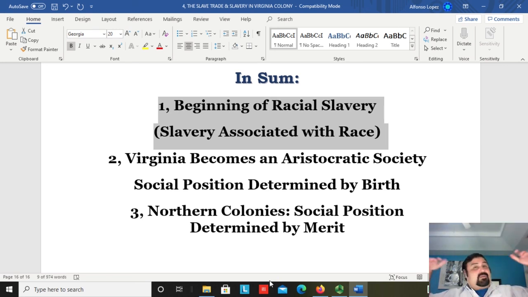Every society, every group, every civilization practiced it, but it was never really practiced because the people that were enslaved belonged to a specific race. It was never really based on race. Europeans enslaved other Europeans. Africans enslaved other Africans. Asians enslaved other Asians. It was never really a racial purpose, a racial understanding of slavery.